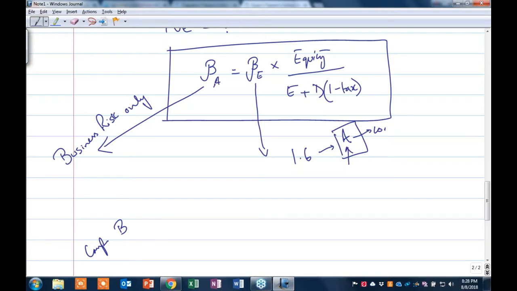So it means that we will have the same business risk, but we have a different debt to equity ratio. The debt to equity ratio is 30-70, which means 30% debts and 70% equity, whereas this company has, let's say, a 50-50 debt to equity ratio.